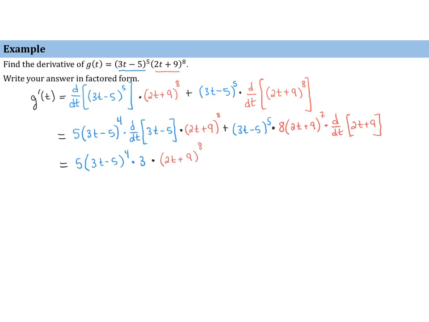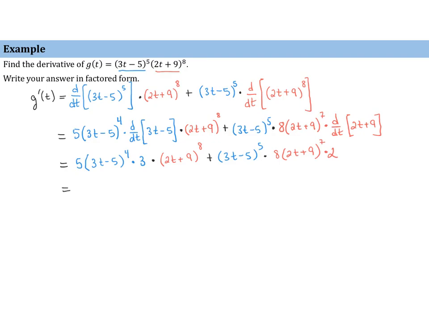Carrying down the appropriate quantities, we obtain all of this, and the derivative of 2t plus 9 is just 2. So now let's tidy this up.